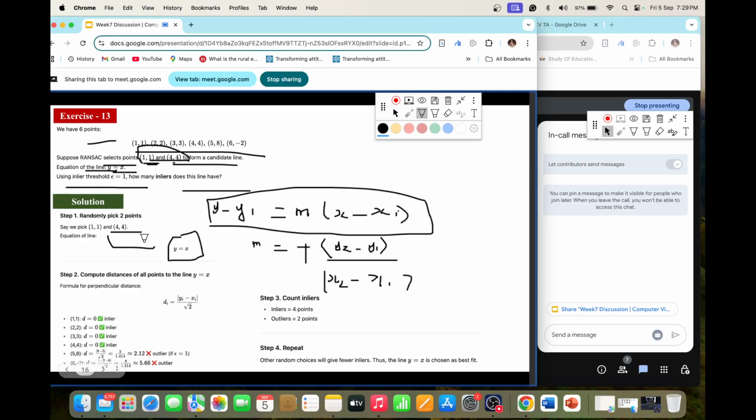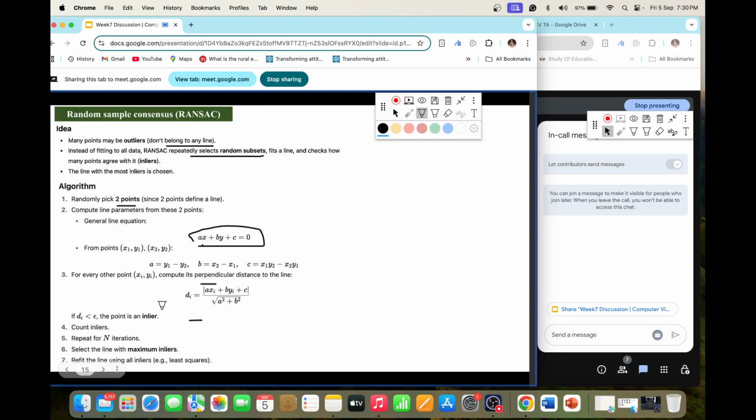Once we have the equation from our 2 points, the next step is to calculate the perpendicular distance of all the other points. These are the 2 points, just to be ignored, 1 1 and 4 4, okay. And we have to calculate the perpendicular distance of all other points, 2 2, 3 3, 5 8 and 6 minus 2. So just calculate for 2 2 by this formula, that is a xi plus b yi plus c divided by root over a square plus b square.